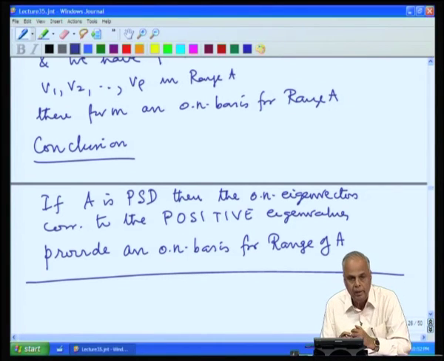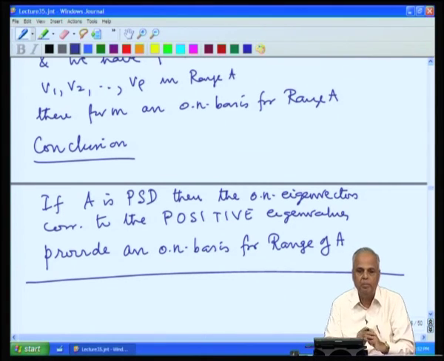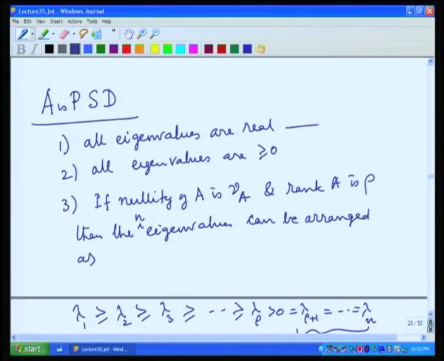Now, we have studied Hermitian matrices, we have studied positive semi-definite matrices, which are a special class of Hermitian matrices. We have found some special properties of their eigenvalues and eigenvectors, which we shall again recall. The first property is that all the eigenvalues are real, all the eigenvalues are greater than or equal to 0.